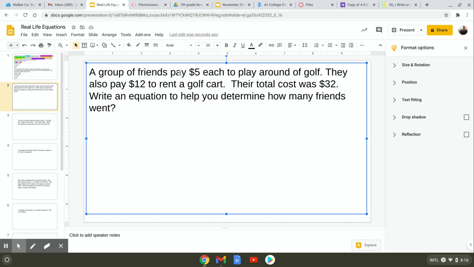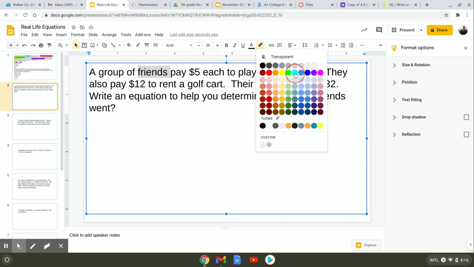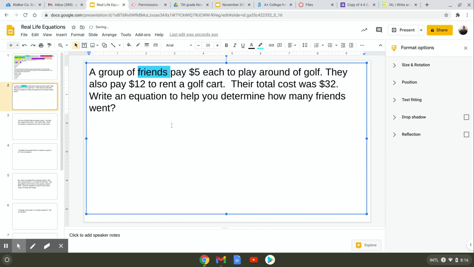So what do you think our variable would be here? That's right. We'll use F for friends. We don't know how many friends went. So we have friends here, and I'm going to highlight those in this blue color. That's going to be our variable. They each pay $5 each to play a round of golf.